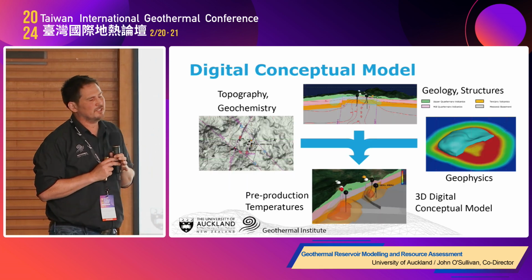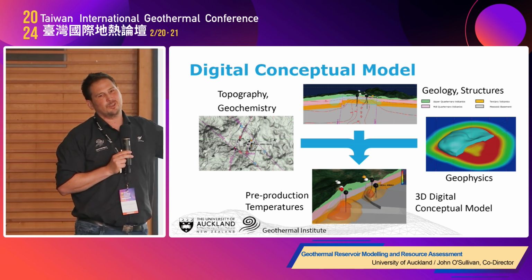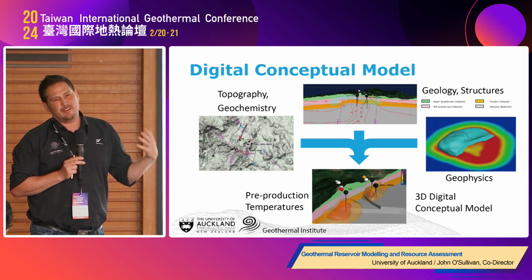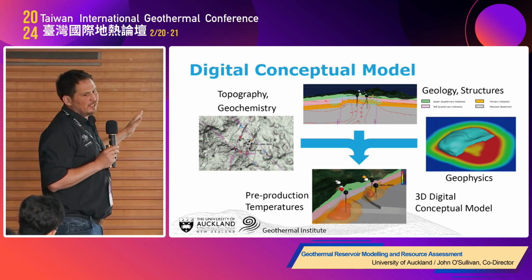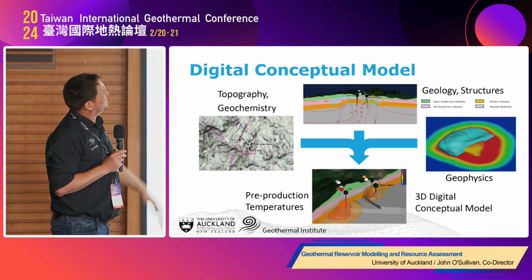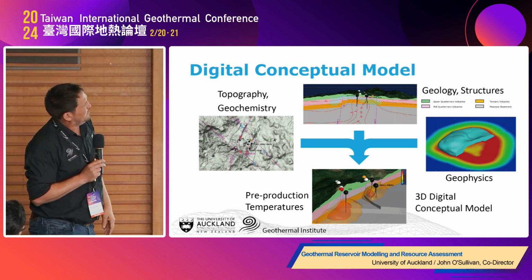Okay, so what's a digital conceptual model? Well, those cross-sections and maps that we draw for our conceptual models are really important. But these days what we use is 3D modeling software. And we do a lot of work with Sequent and using Leapfrog.